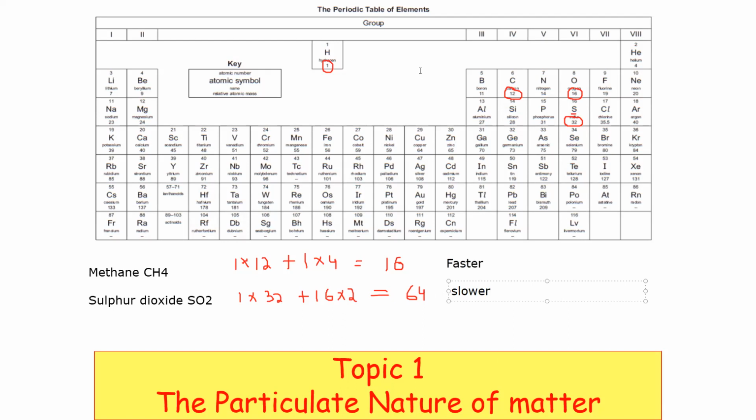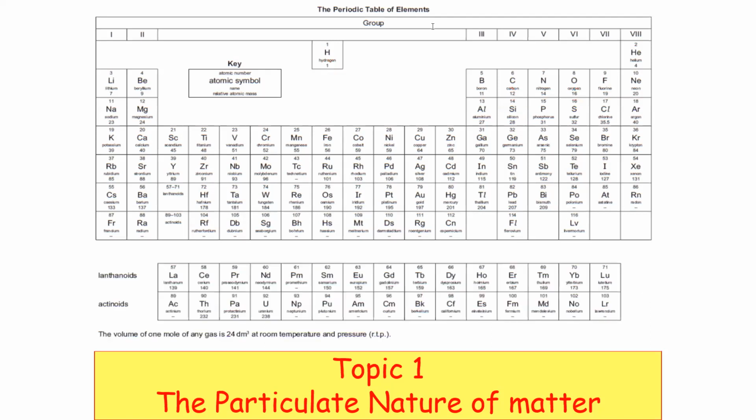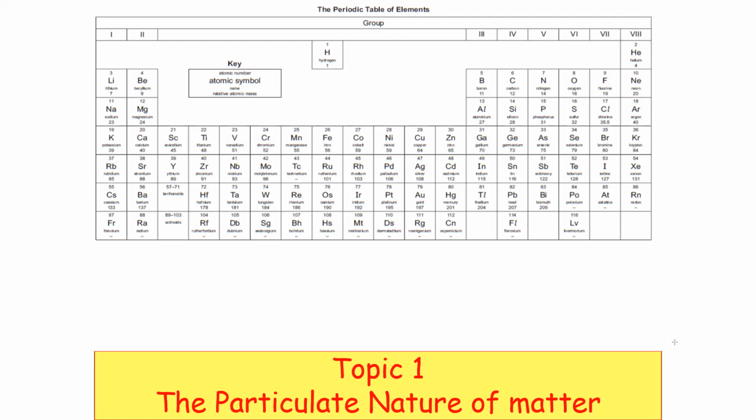Another example, but this time I want every one of you to solve this example. I will give you the names of the gases, and you have to identify which gas will diffuse faster and which slower. You can use the chat to state the answer. Don't bother about right or wrong answers, but your participation is important, that everyone should participate. Example, we have ethane. Ethane is C2H6.